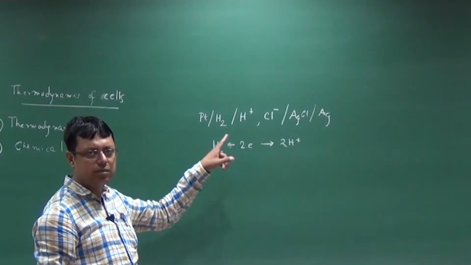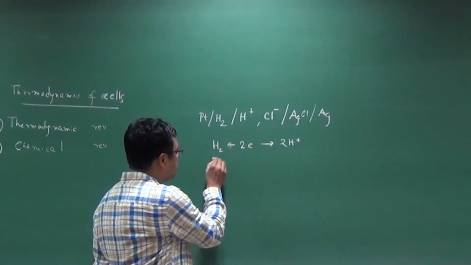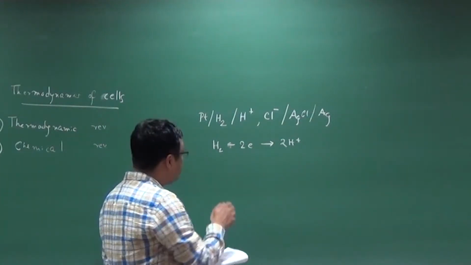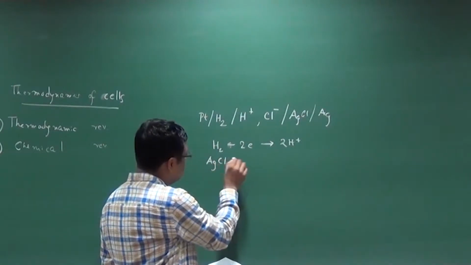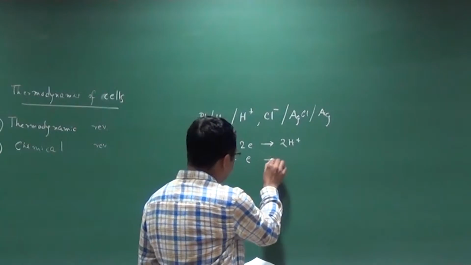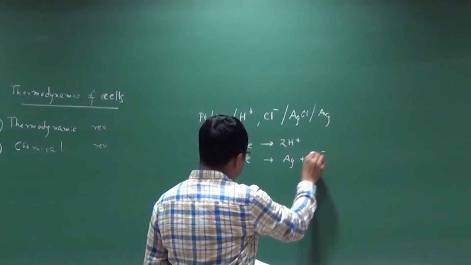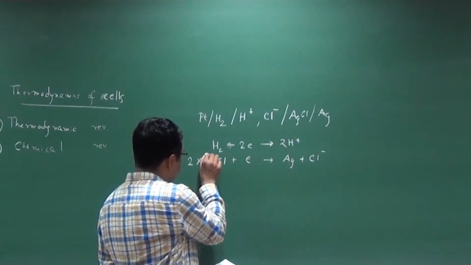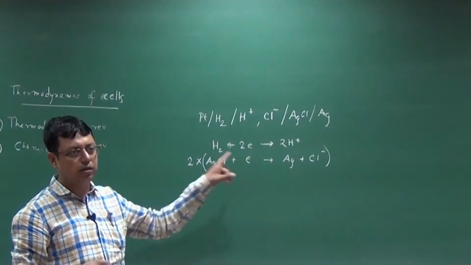You know that, right? It's basically E right minus E left. Now the spontaneous reaction will be something like this, and then we'll have basically AgCl, which should have reduction. So what I'll have is Ag plus Cl minus. If I multiply it by 2 and add it, then I'll have the total reaction.